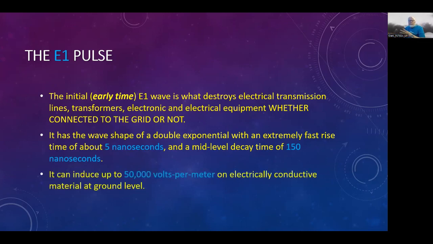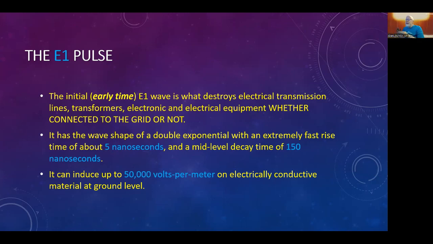It can induce up to 50,000 volts per meter on electrically conductive material at ground level. Now, not to add insult to injury, but there's a horrible truth, and that is there are countries that are capable of making EMP-focused nuclear bombs that are able to induce up to 200,000 volts per meter on electrically conductive objects.